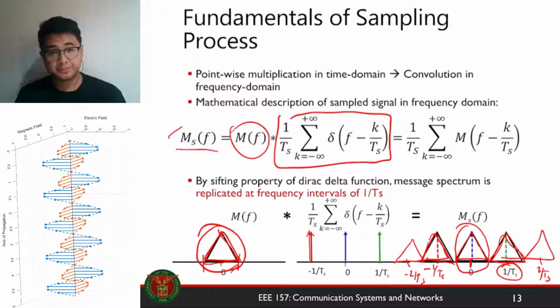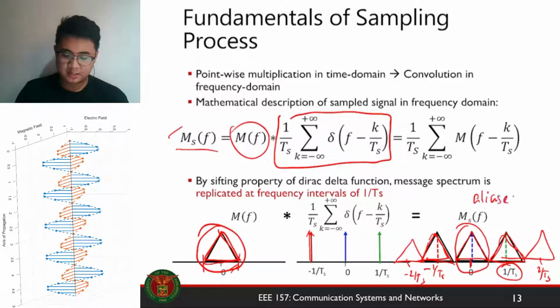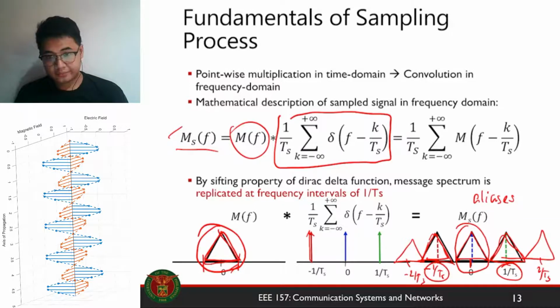Basically, they're replicas. What are these? These are the aliases. By sampling a signal, you're producing aliases of that signal centered at an integer factor of your sampling rate.